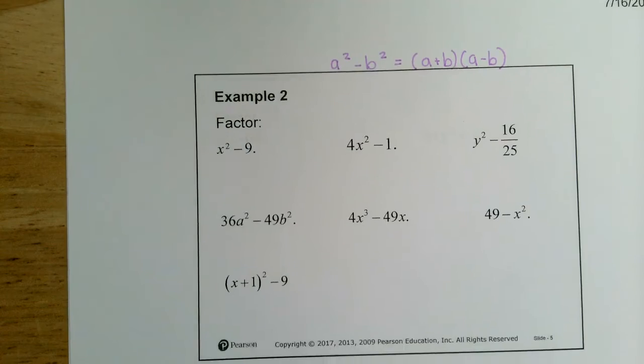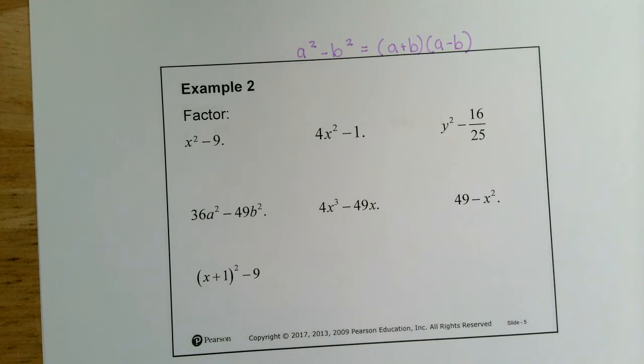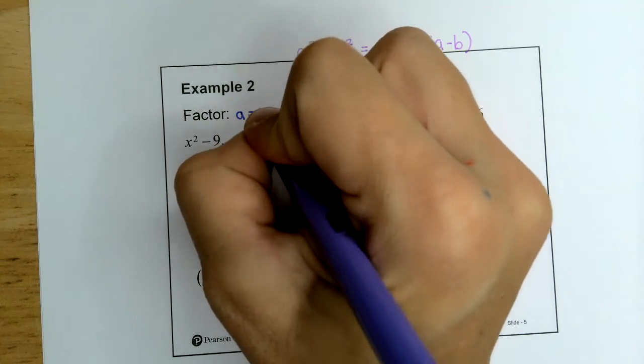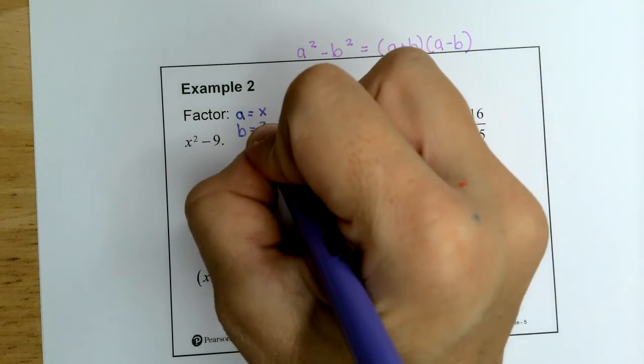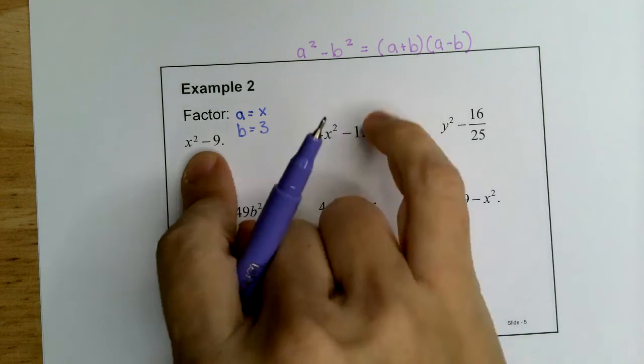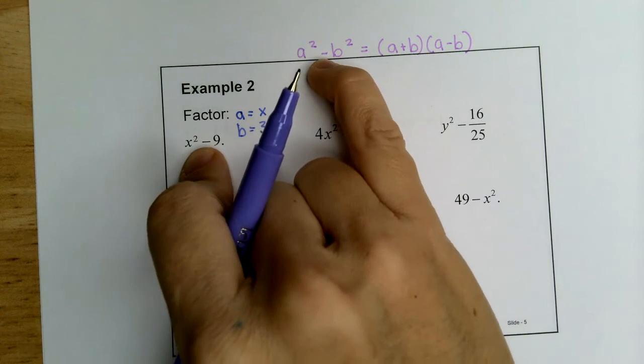All right, so for this one, a is x, b is 3, right? And we don't need to say that b is minus or a negative 3 because the negative is part of the equation.